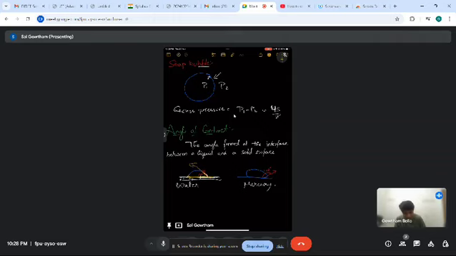If the angle of contact is acute, then it acts as a wetting agent. If the angle of contact is obtuse, then it won't wet the surface. For water, the angle of contact is acute.